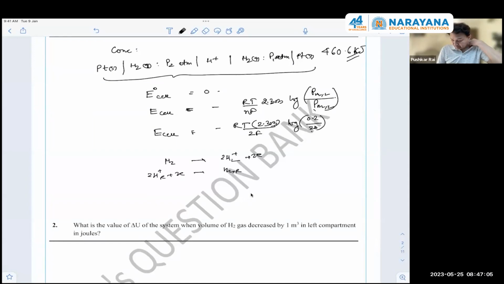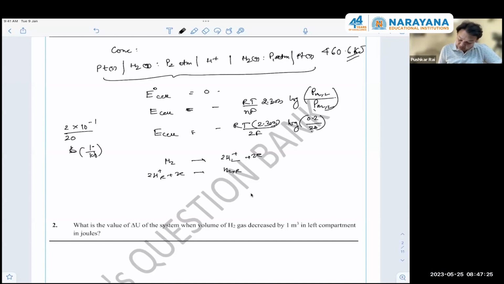This is coming out to be 2 into 10 to the power minus 1 upon 20, so it is going to be 1 by 100. That means you are going to get 10 to the power minus 2 term.